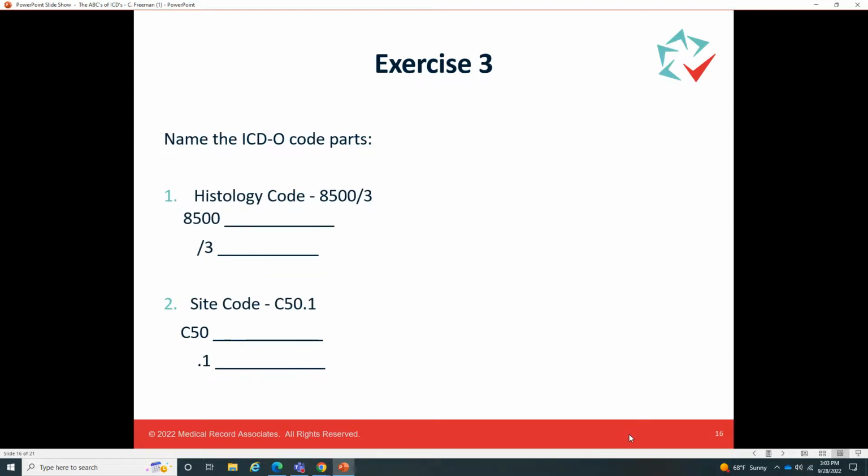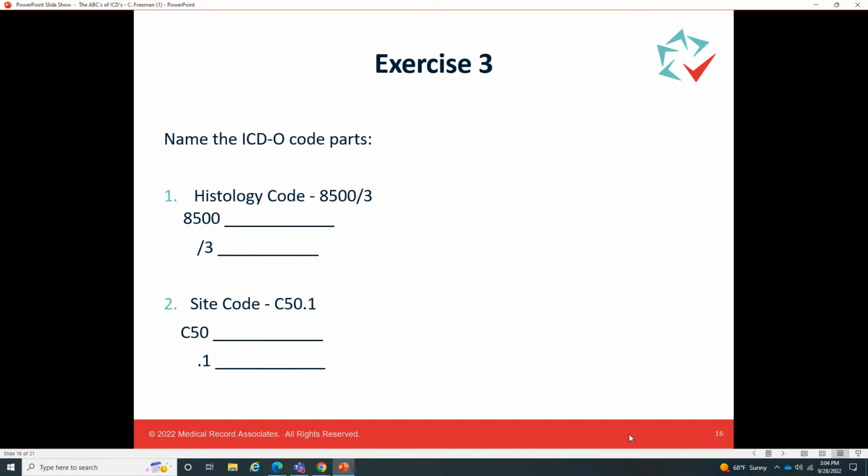Exercise 3. Name the ICD-O code parts. You have two codes, a histology code and a site code. First, the histology code, 8500/3. What is 8500? That is your histology.